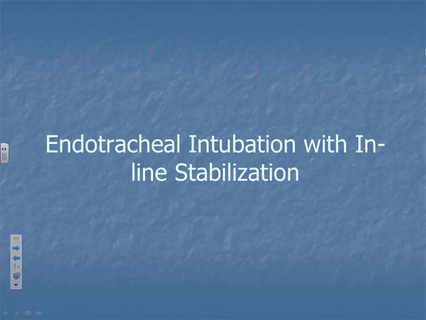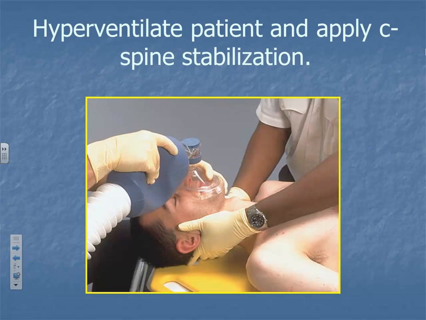So if you're unable to get an open airway so you can bag your patient or intubate them, then you may have to release that C-collar and tip that head back just enough so you can get the job done. It doesn't mean ratchet it all the way back, but just enough so you can get an airway there.